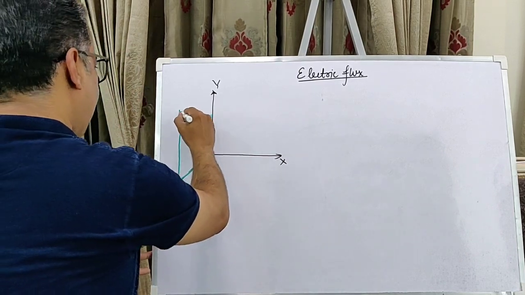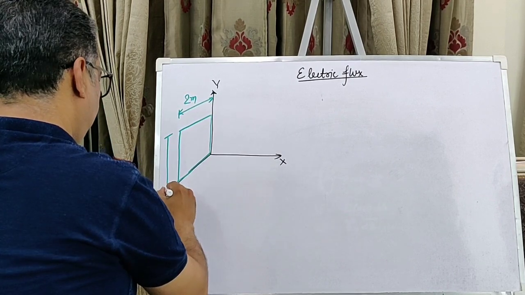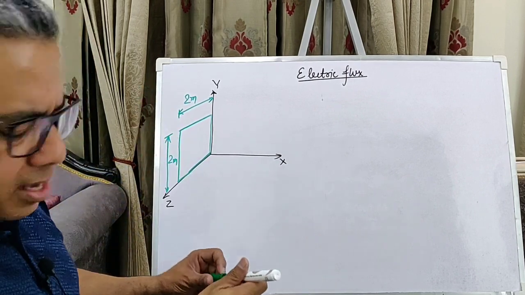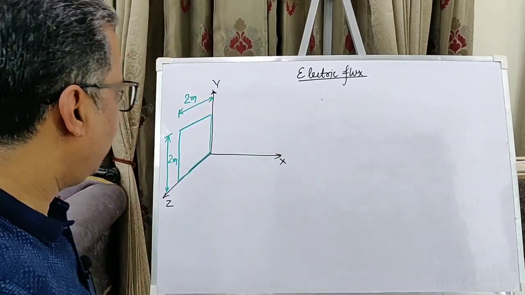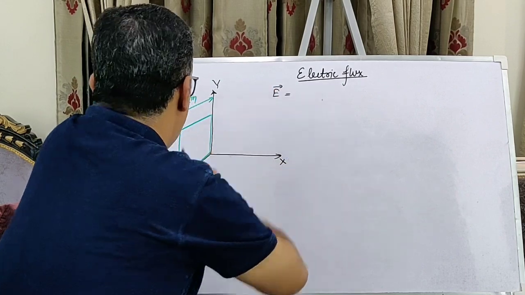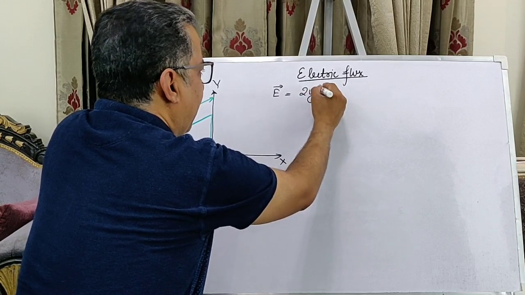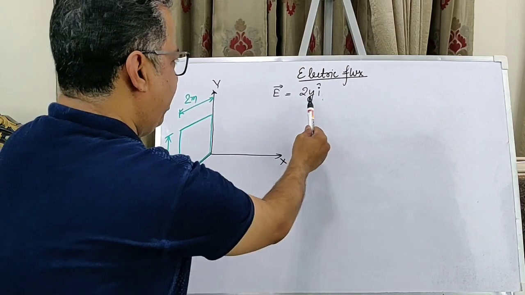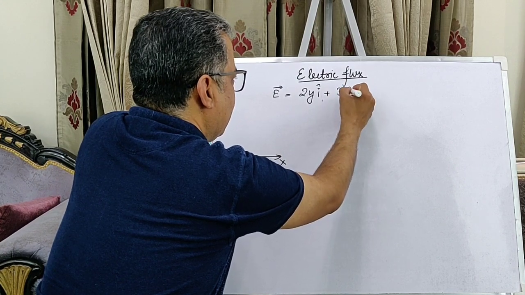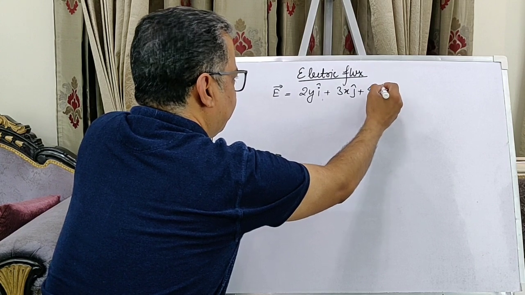We are asked to calculate the flux here due to this electric field. Let's say it is 2y I cap. So this field is variable, it varies with the y coordinate, plus 3x j cap plus 4z k cap.